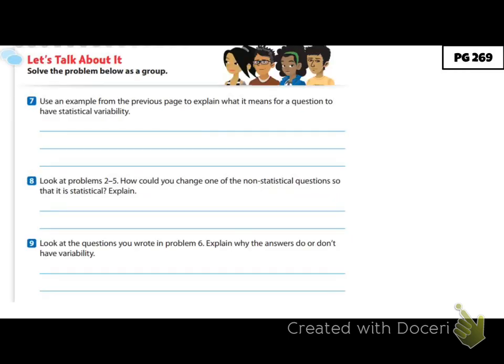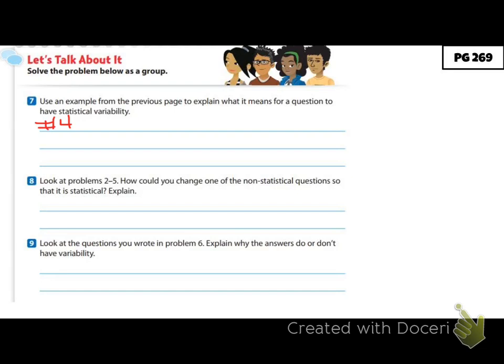Okay, so let's go into some more questions. Number 7 says, use an example from the previous page to explain what it means for a question to have statistical variability. So, looking back at the questions on the previous page, let's look at, just for the heck of it, number 4.